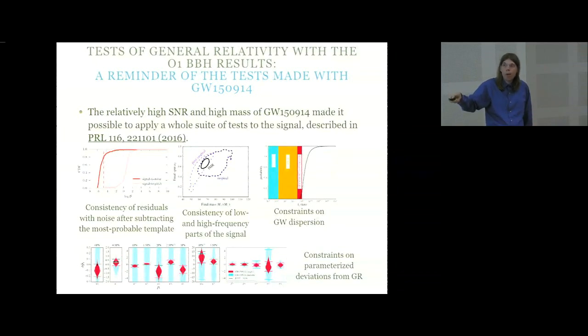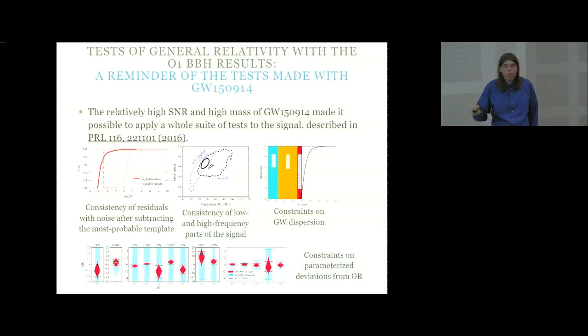So first was you just take the most probable waveform and subtract it from the data. Do you get residuals that are consistent with noise? For instance, if you look before or after, indeed you find this. These are the actual signal-to-noise probabilities, and you see that after you subtract them they are well consistent with the data you see elsewhere.